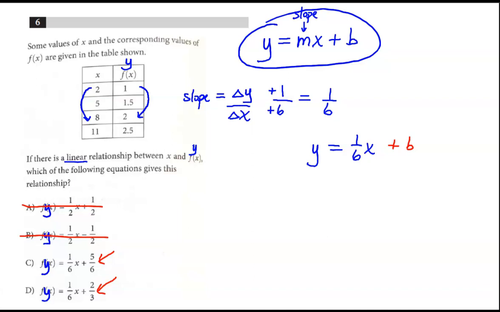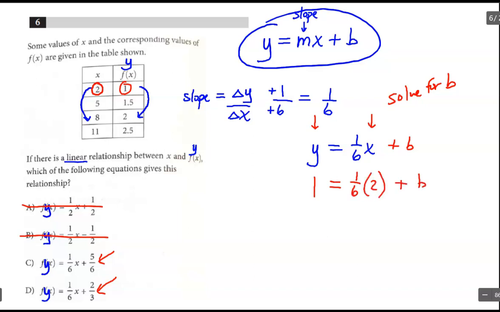So I need to do what's called solve for b. I'm going to try to solve for that y-intercept. How I can solve for b is I'm going to plug in a nice x and y to figure out what b is. And I have some solutions over here. I can pick any of these I want. I think this is a really nice combination to put in. So when y is 1, x is going to be 2.